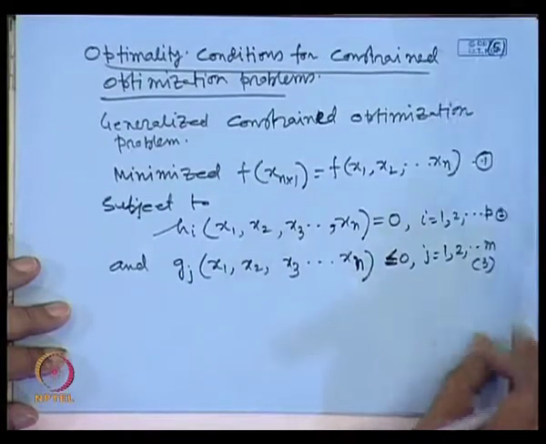Let us get some idea about these constraints. Suppose we have a problem like this, just as an example to explain the constraints: minimize f of x, where x in our case has 2 variables. It is x 1 minus 2.5 whole square plus x 2 minus 2.5 whole square.